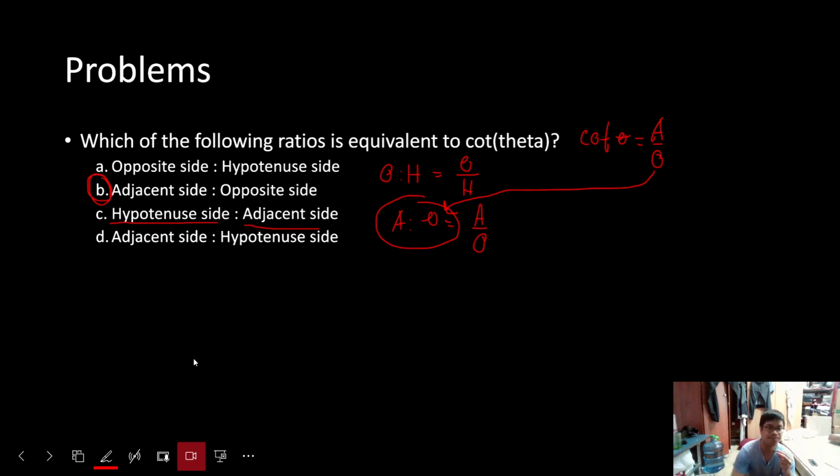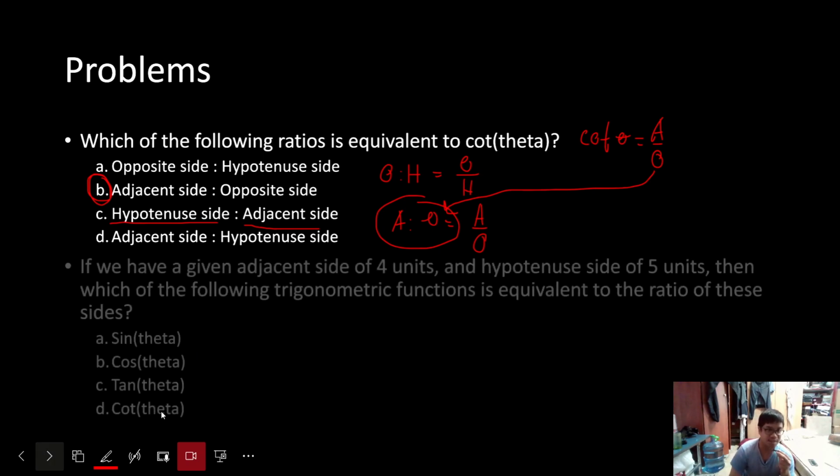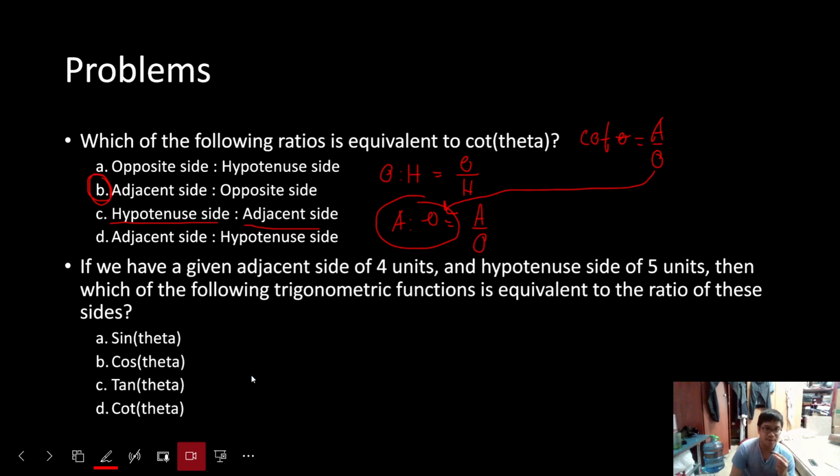Letter B. All right. Next, if we have a given adjacent side of 4 units and hypotenuse side of 5 units, then which of the following trigonometric ratios is equivalent to the ratio of these sides? A. Sine theta. B. Cosine theta. C. Tangent theta. And D. Cotangent theta.